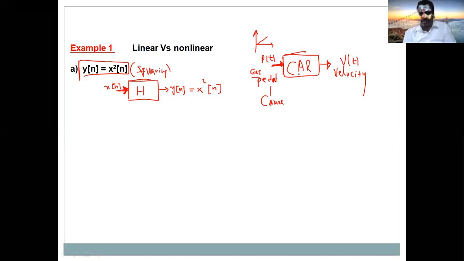A system takes some inputs, processes them, and generates some output. So the car is one big system.